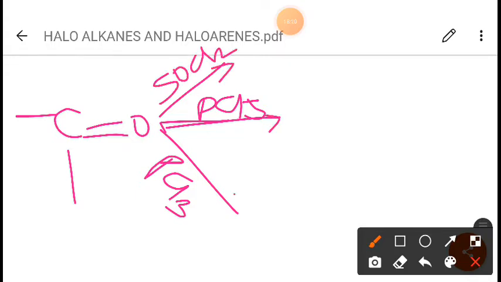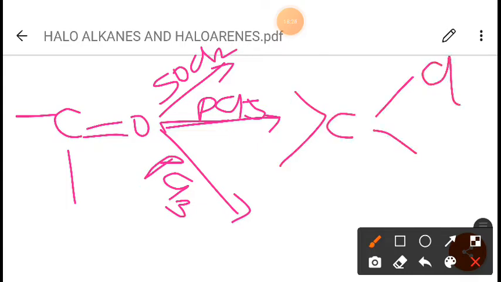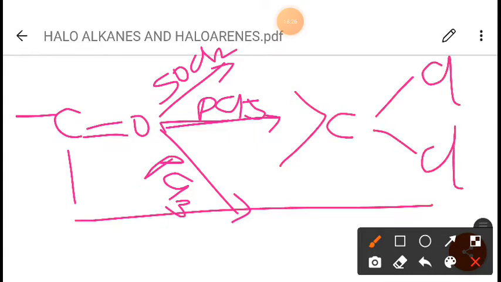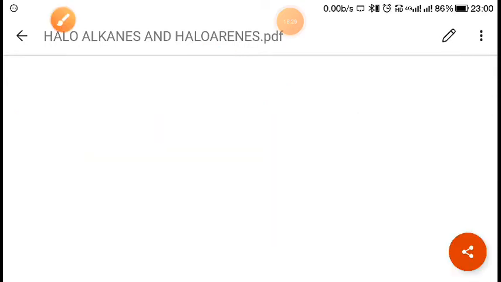In all three cases the product will be the same, which is this, with Cl and Cl here. So this is how alkyl halide is prepared from aldehyde and ketone.